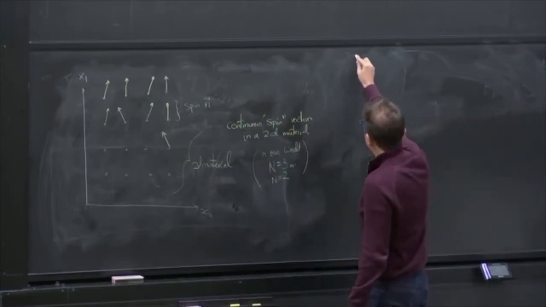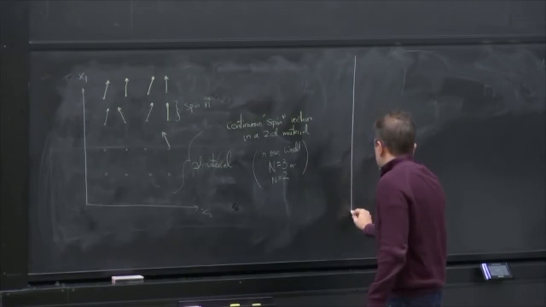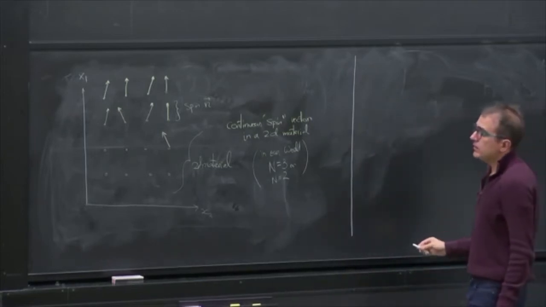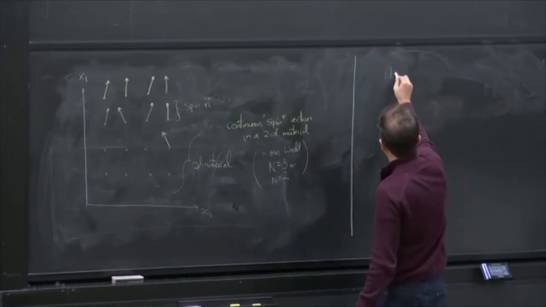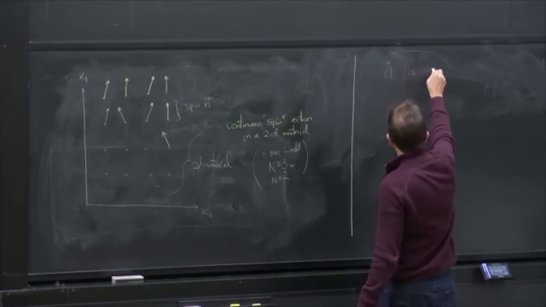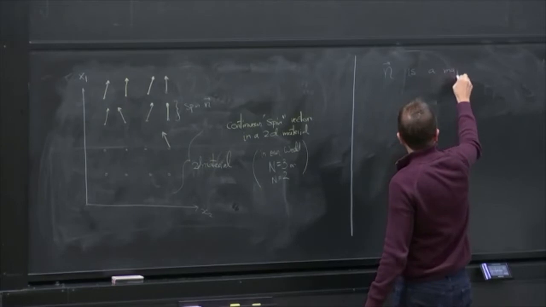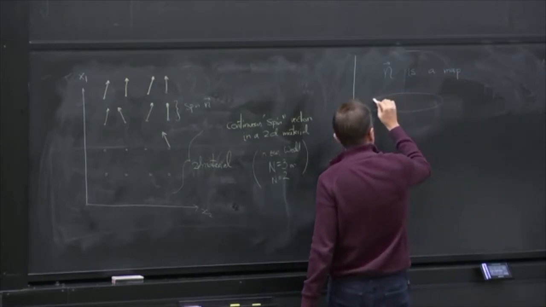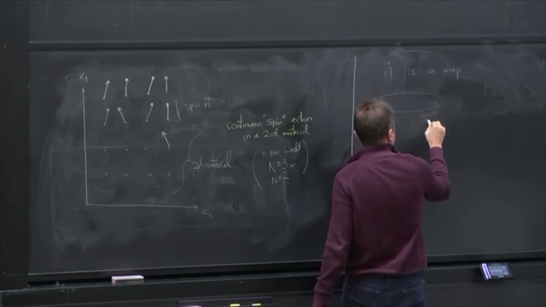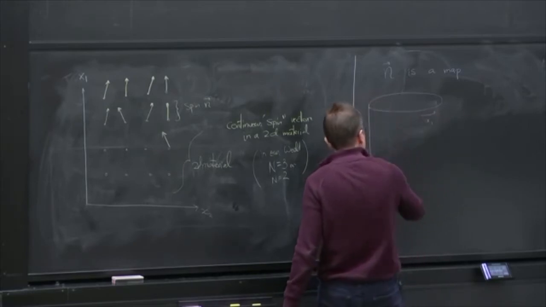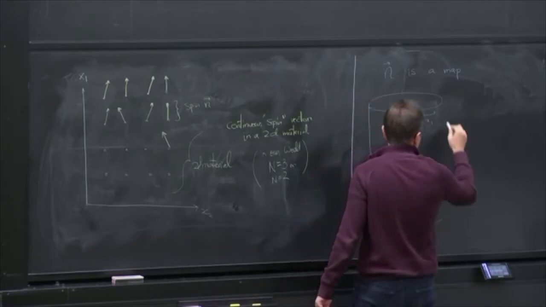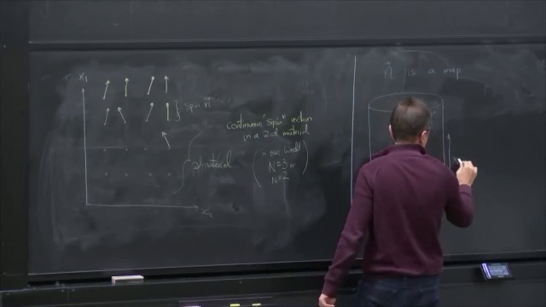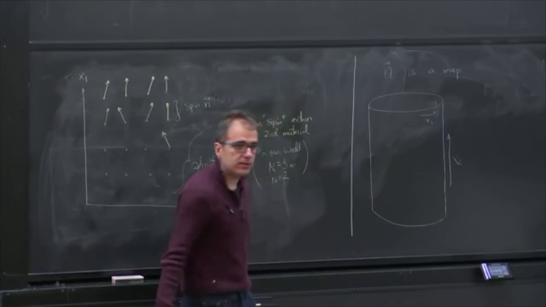Okay, a different possibility for this is to think that this n is a map from what? For example, let me think that this is x1, and this direction here is x2, right?